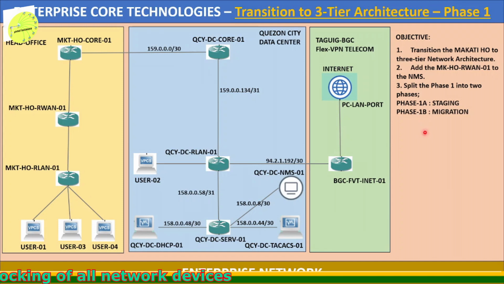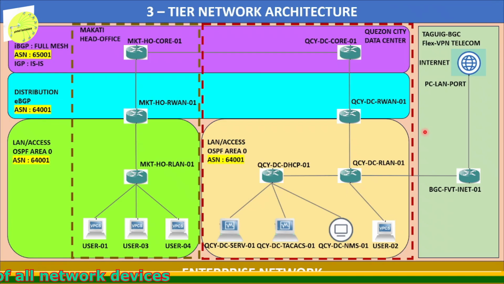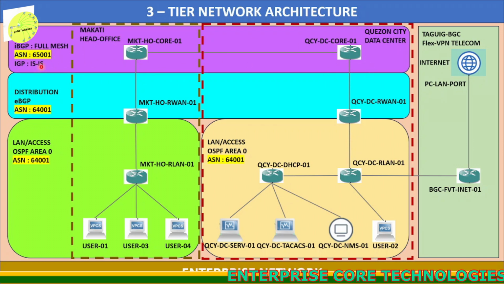So let's take a look at our three-tier architecture. After our transitioning, our network will look like this. We have here an IBGP full mesh, ready since there are just two, but we're planning to add more, so we can make an IBGP full mesh, and then we will use the AS of 65001 with the IGP of ISIS.